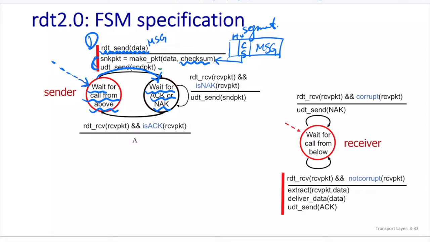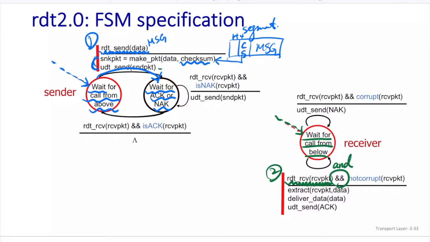Let's take a look at the right hand side. It is the initial state of the receiver. The receiver is waiting for a call from below, and right here, indeed, a packet arrives. That is the event.